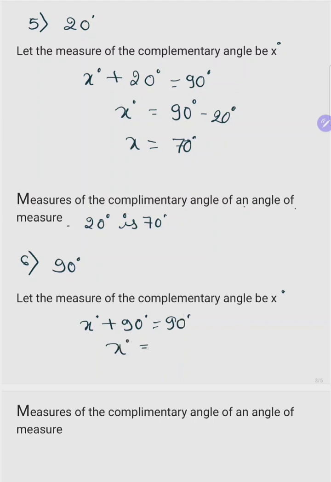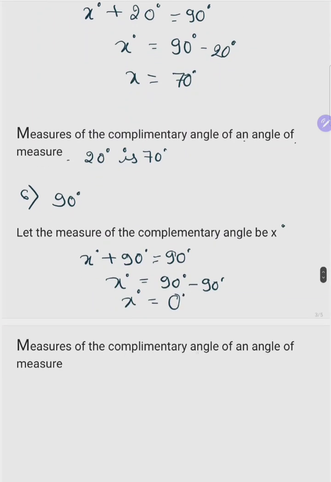So x degree is equal to 90 degree minus 90 degree. So x degree is equal to how much? 0 degree. So it is right. The measure of the complement angle of an angle whose measure is 90 degree is 0 degree, means 0.